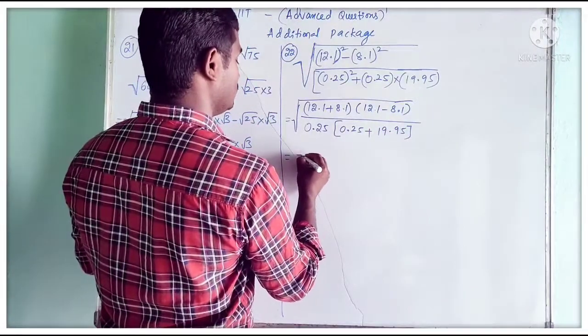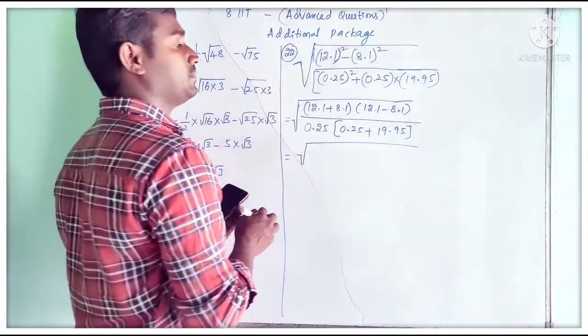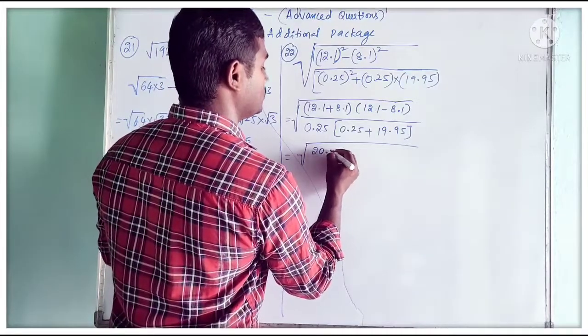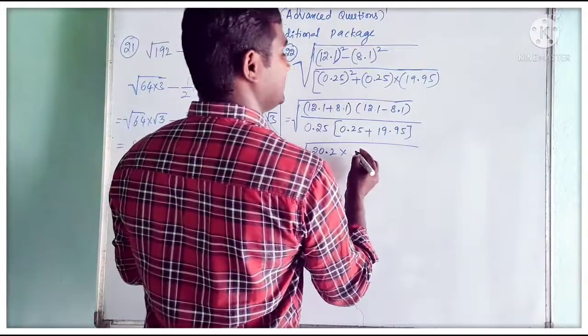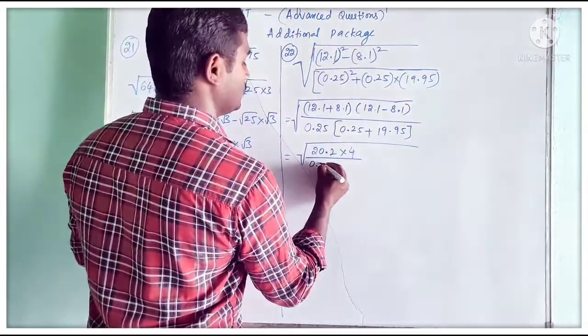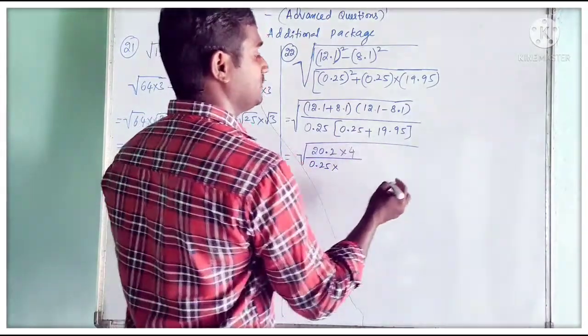Now 12.1 plus 8.1 is 20.2, into 12.1 minus 8.1 which is equal to 4. Divided by 0.25 into 0.25 plus 19.95.